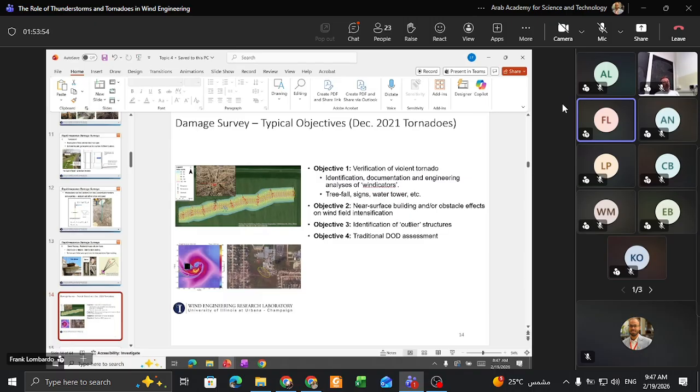What can we learn about those structures? Like the one that you saw that was collapsed, the other structures next to it had some damage, but were overall okay. And then the fourth one is just going through a traditional DoD assessment where you go in, look at the structure, and give it a degree of damage from the EF scale.